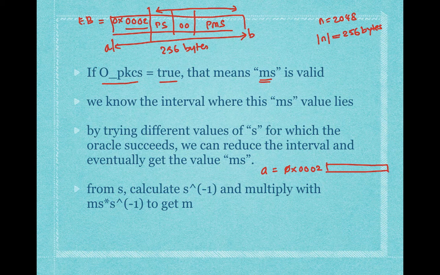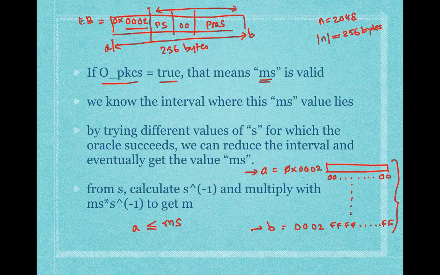So let's say the beginning value is 0002 followed by all 0s, that you call A. The ending value is going to be 0002 followed by all ff, dot dot dot ff. Let us call this ending value B. That means your message is sitting somewhere between these values, right? That is, your so-called MS is greater than or equal to A and less than or equal to B.